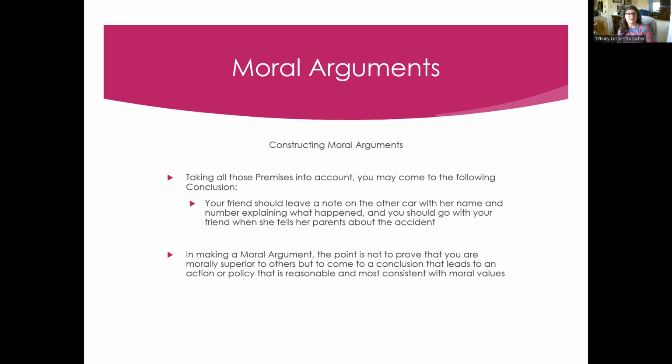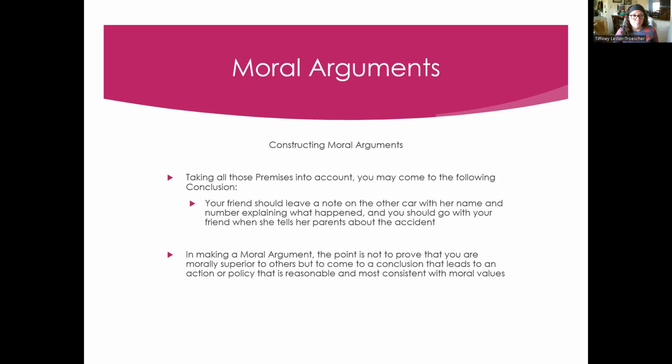You can be there as a witness to help explain what happened, to verify that she did leave her information, so that her parents don't accuse her of fleeing the scene, that sort of thing. It's as close to a win-win as you can get without building a time machine and not having the accident happen in the first place, right?